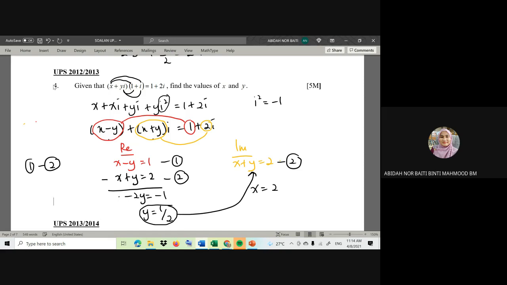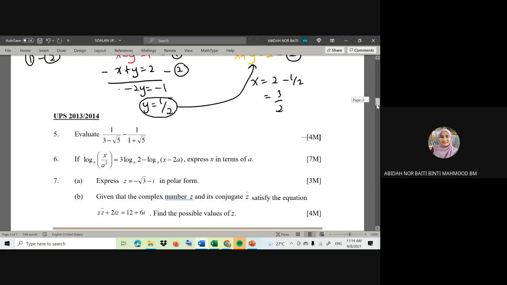So x equals 1 plus half, equal to 3 over 2. Okay, by comparing real with real, imaginary with imaginary. Easy, right? Complex numbers are easy.